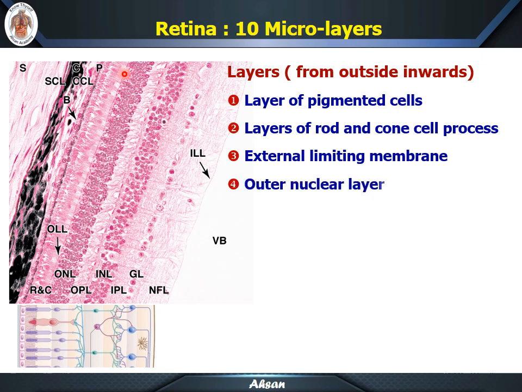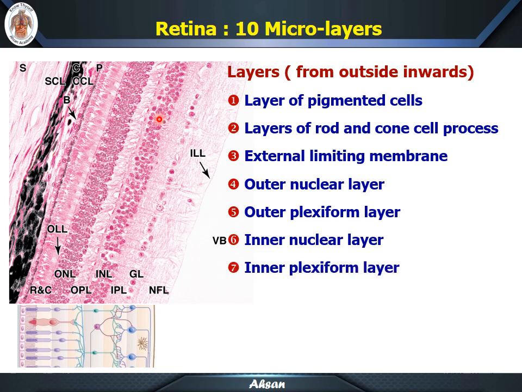The fourth layer is the outer nuclear layer. You can see many nuclei are there. Then fifth is the outer plexiform layer. Then again there are so many nuclei, so the inner nuclear layer, and the inner plexiform layer, relatively pinkish in area. The eighth layer is the ganglionic cell layer. You can see the large cells here.